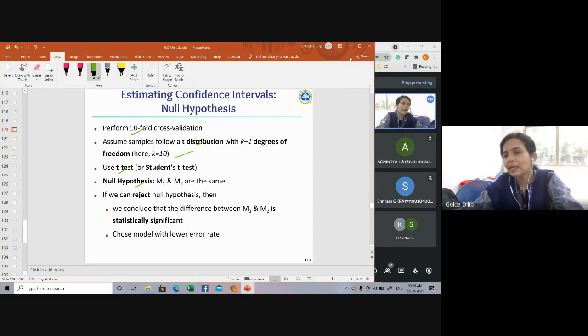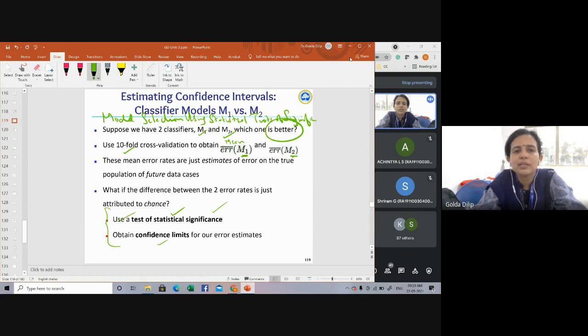In that case, we can select the model with the lowest error rate. That is what estimating the statistical significance and confidence limits is all about, as far as estimating the confidence intervals for the two classifiers M1 and M2 is concerned.